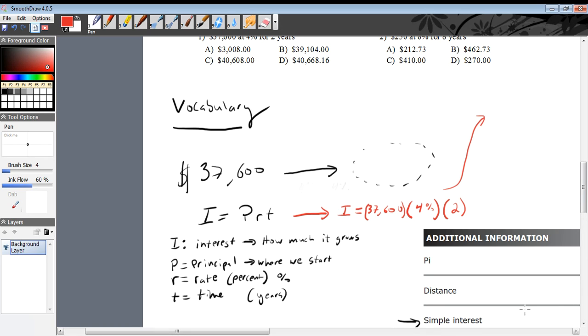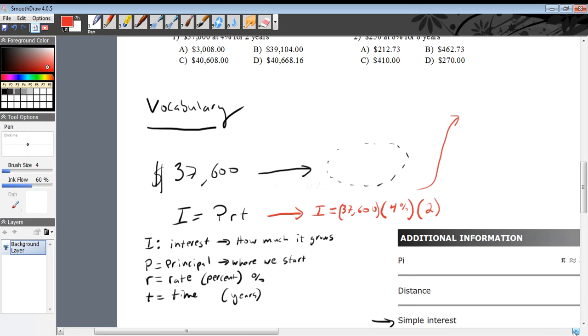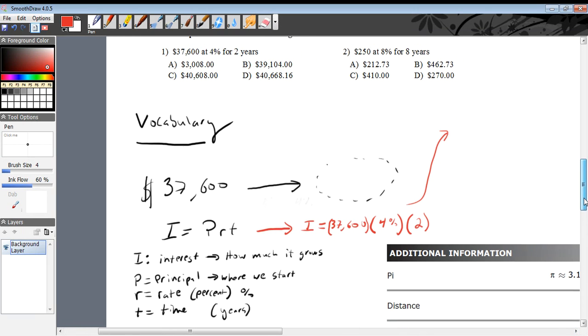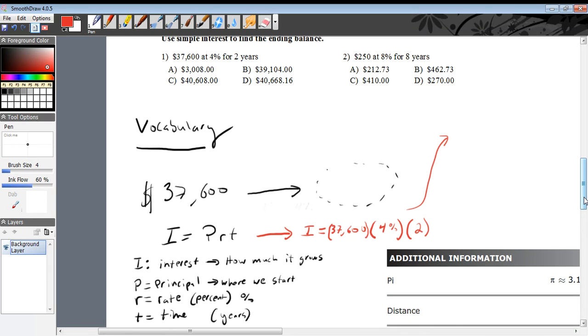Once I solve for this, it's going to give me my answer, or something close to it. Interest is equal to 37,600 times, now I'm going to turn this 4% into a decimal. I need to move it 2 places to the left, so it becomes 0.04, and then I'm going to multiply it by 2.